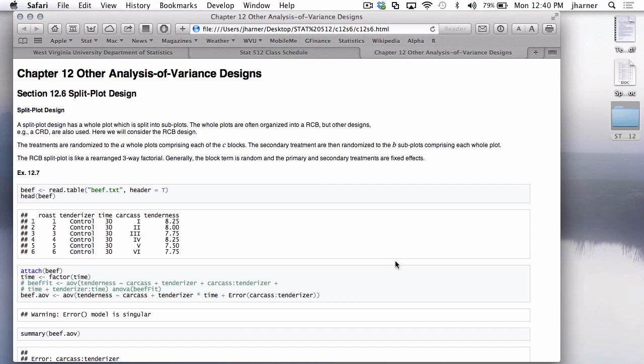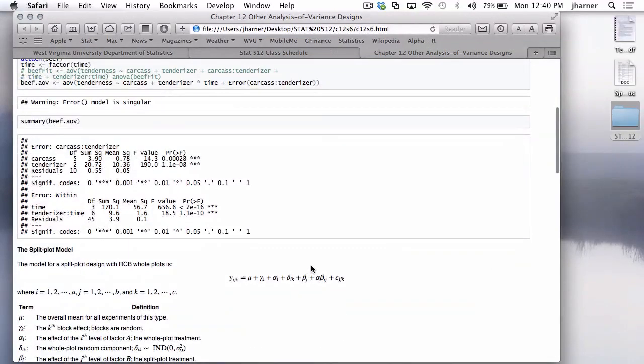And the real thing is that in the whole plot, we have a block. This is the whole plot here. We have a block design. We have the block effect, the treatment effect, and then this error term is sort of like the block by treatment interaction. And then we have perhaps measurements over time in the subplots and the interaction of alpha, which is the main effect, with this. And so that's our model.